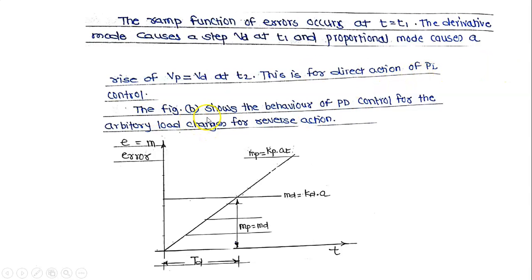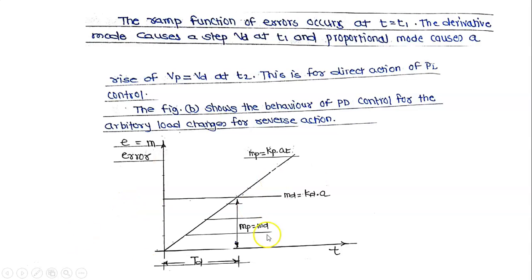Figure B shows the behavior of PD control for arbitrary load changes for reverse action. Again here on the y-axis error signal, on the x-axis time t. This MP is equal to MD up to this point. This is MD equal to KD into de/dt, and this line indicates MP equal to KP into e(t).